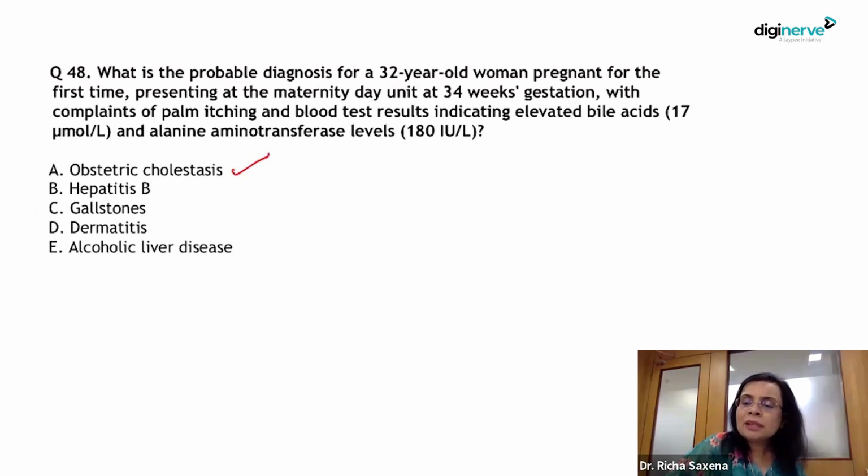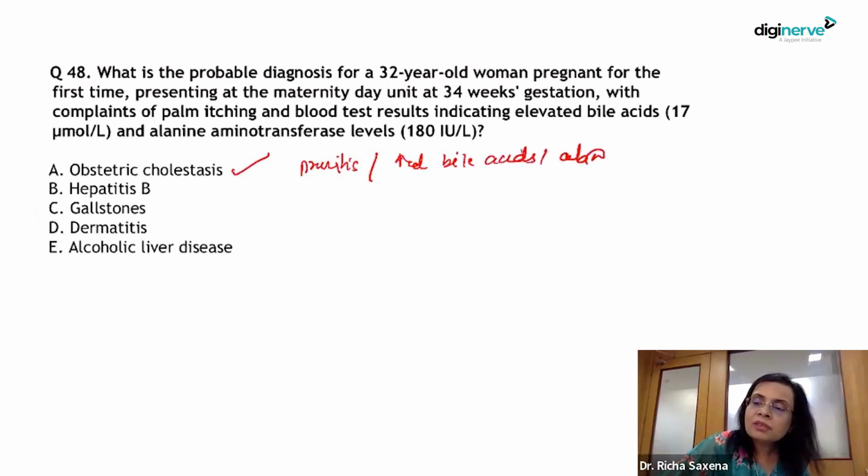And this will basically be associated with a triad of three, which includes pruritus, elevated bile acids, and abnormal liver function tests.